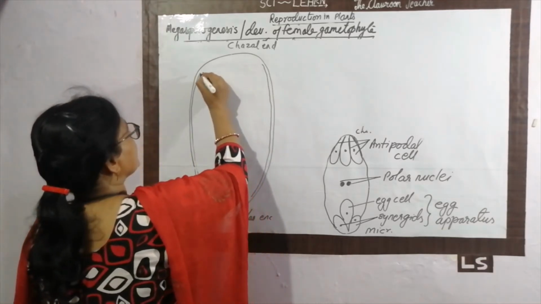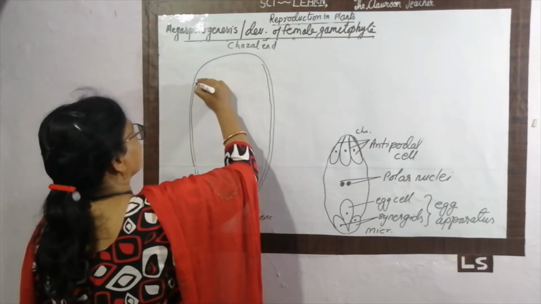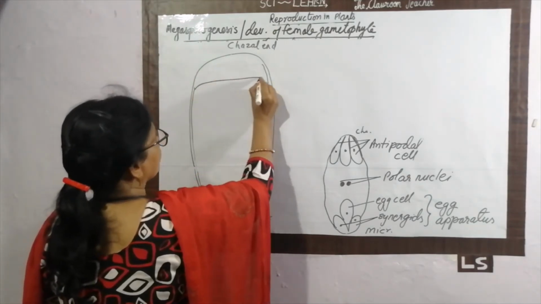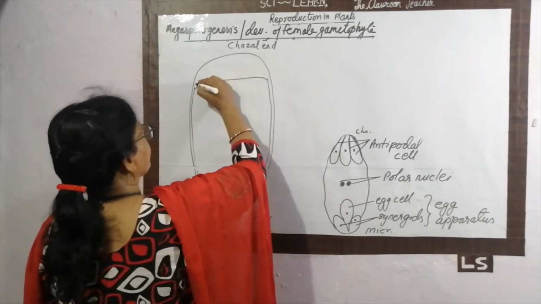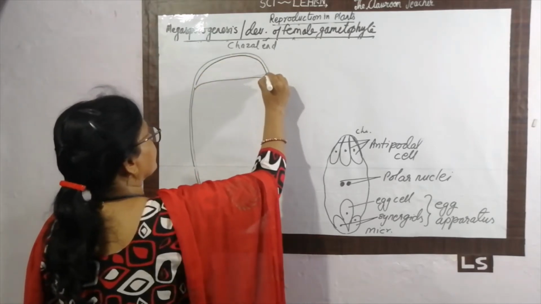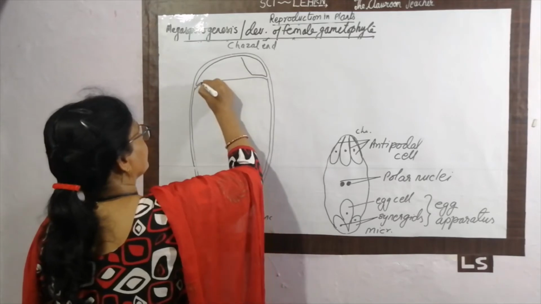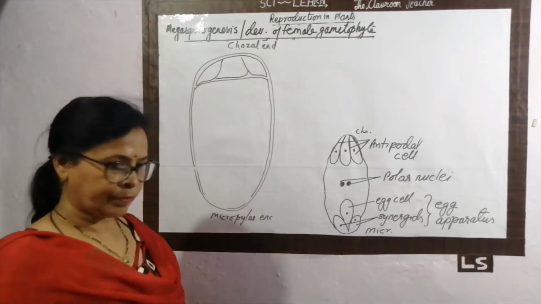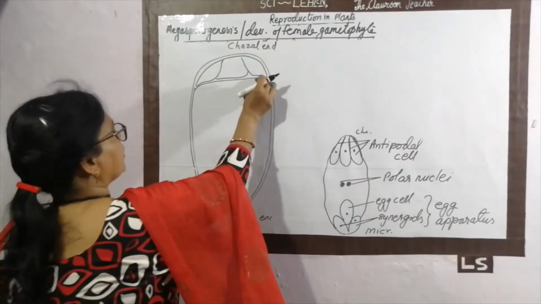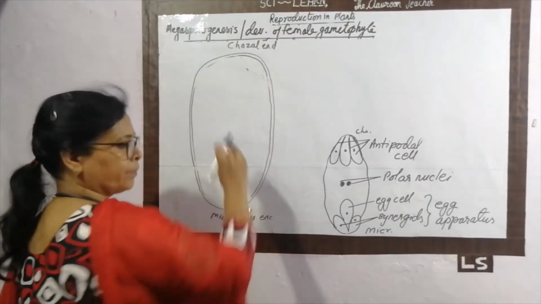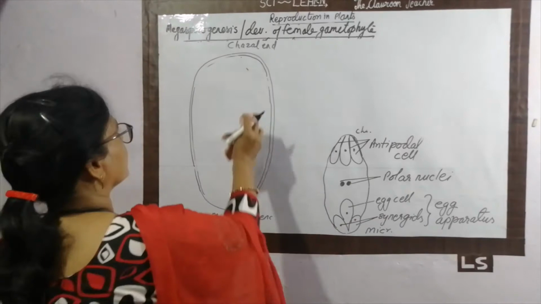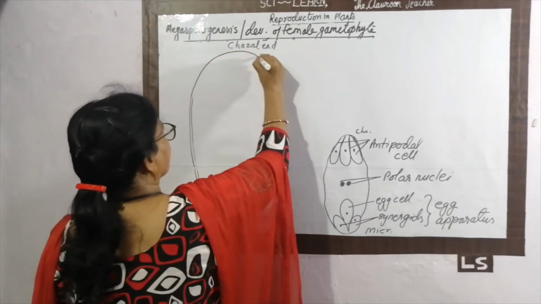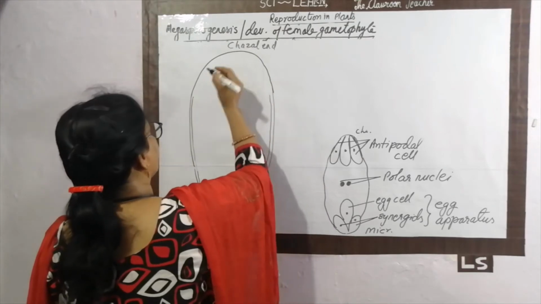Okay, 3 cells are here. Look beautifully, because the decoration must be there in the diagram for the first view when we draw it.